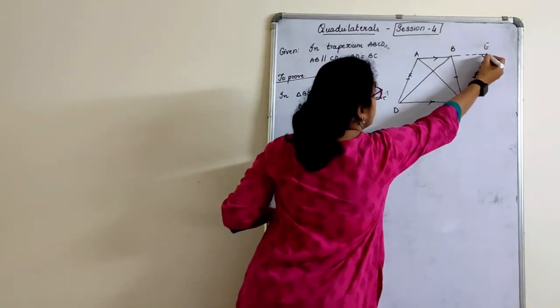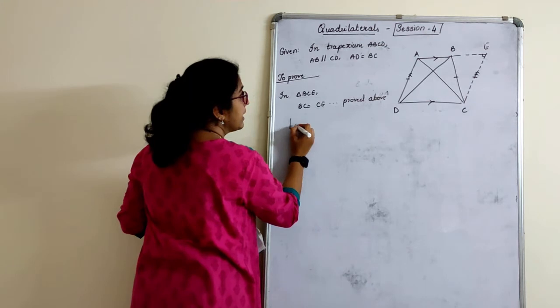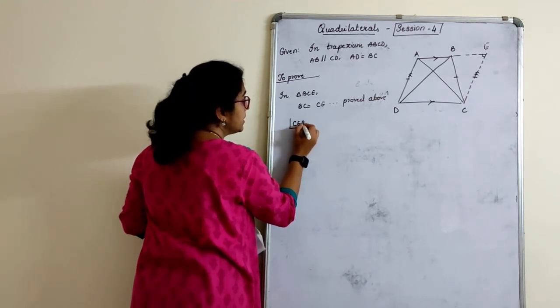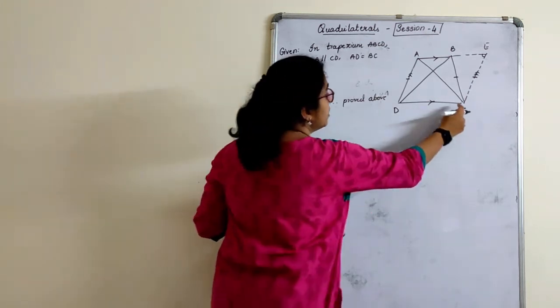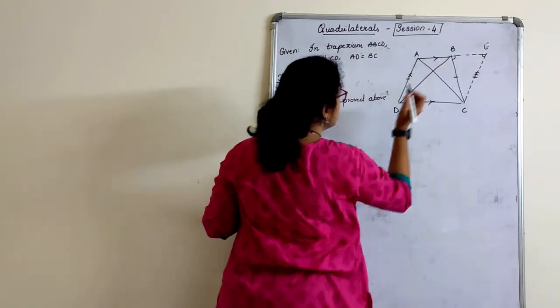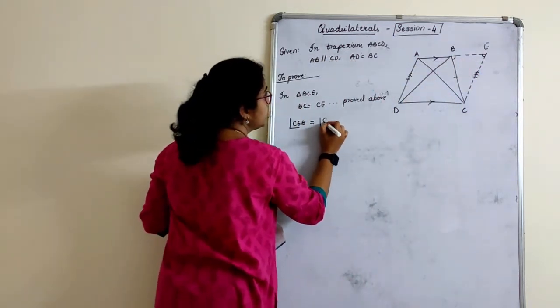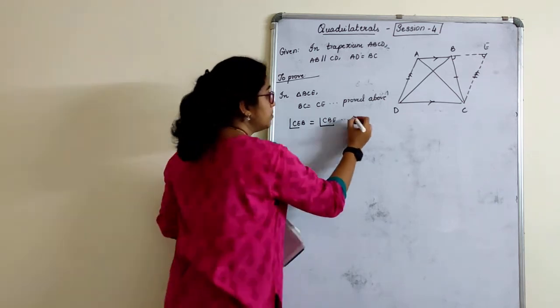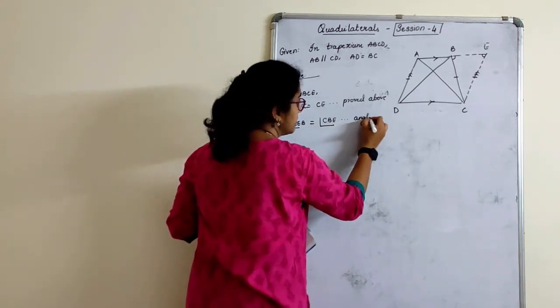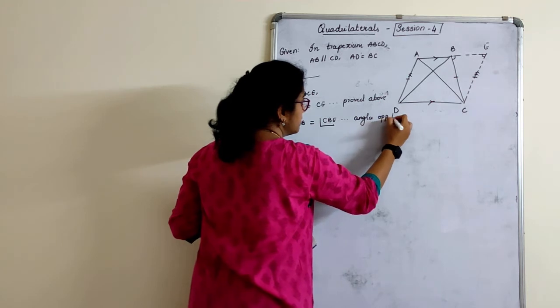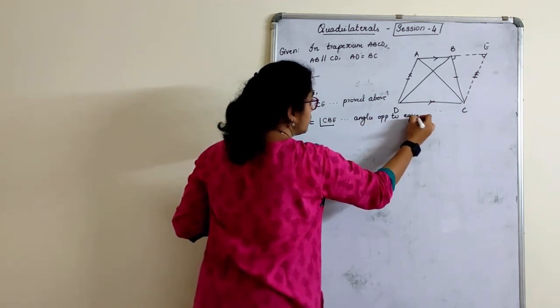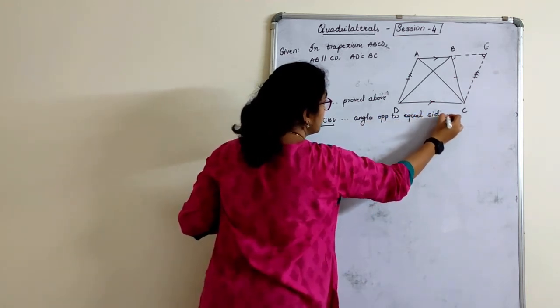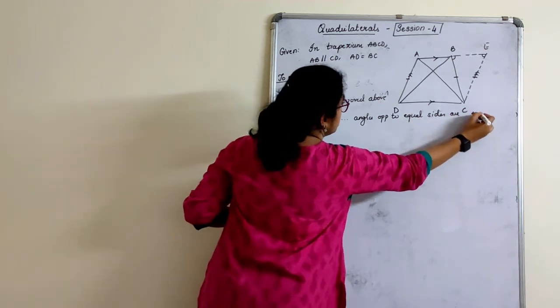This is your angle. How do you read that? Angle CEB is equal to, with respect to CE, this is your angle, is equal to CBE. Angles opposite to equal sides are equal.